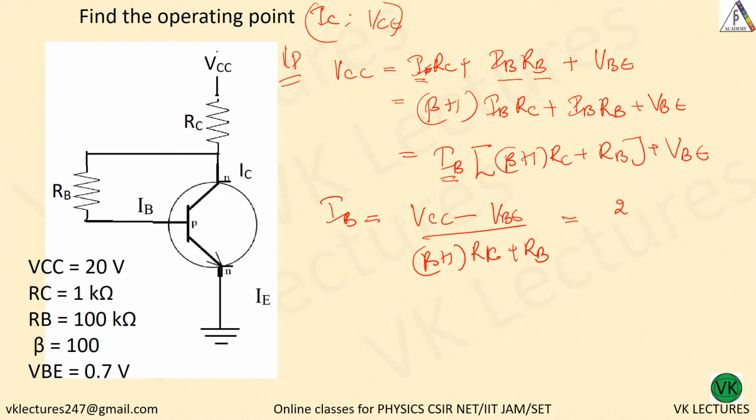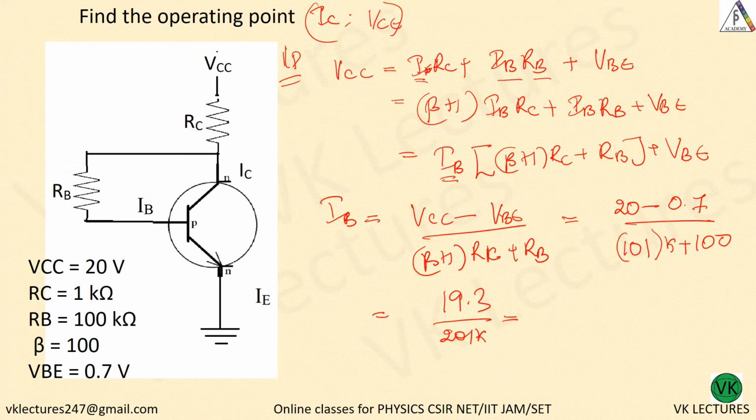VCC equal to 20 minus VBE equal to 0.7, divided by beta is 100 plus 1 into RC is 1K, so 101K plus RB is equal to 100. Now here you cannot use that approximation. So that's equal to 19.3 divided by 201K. That is equal to IB.